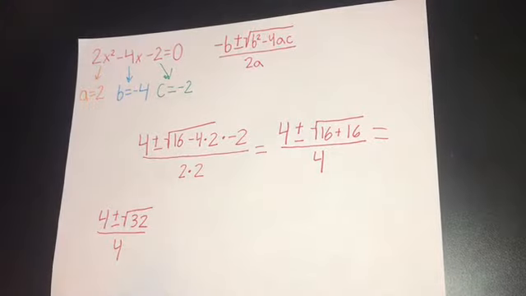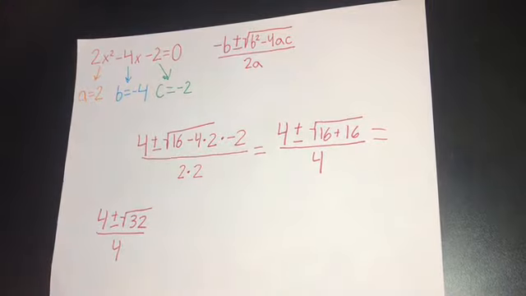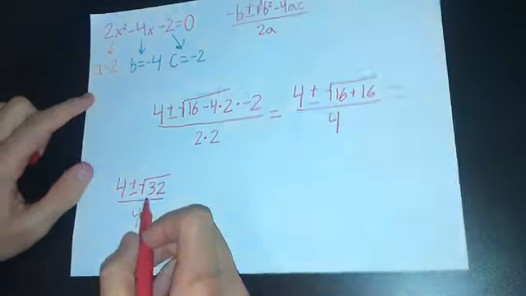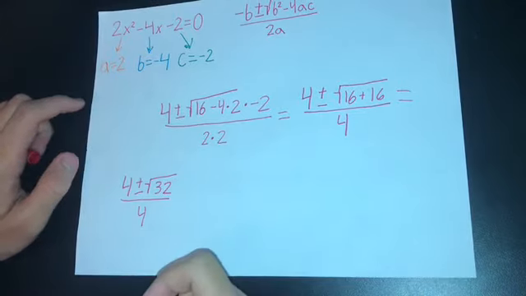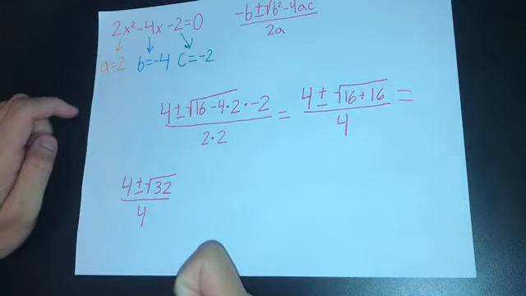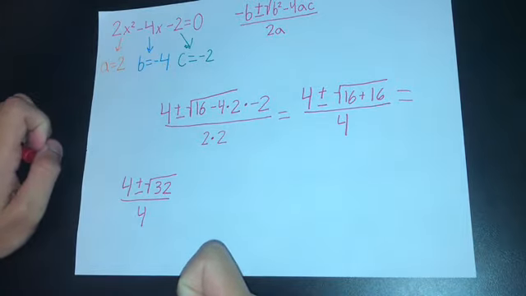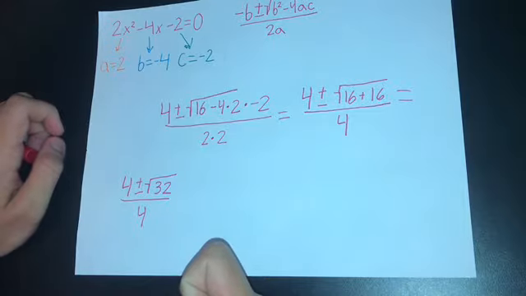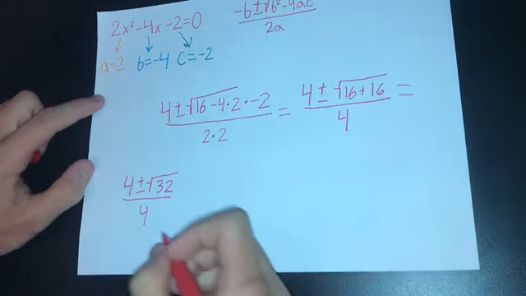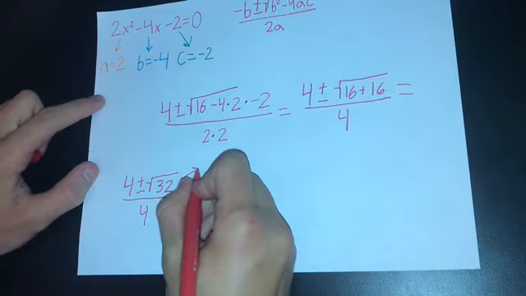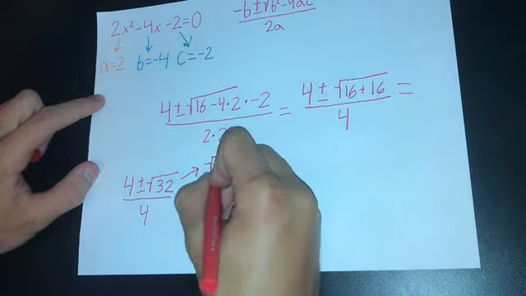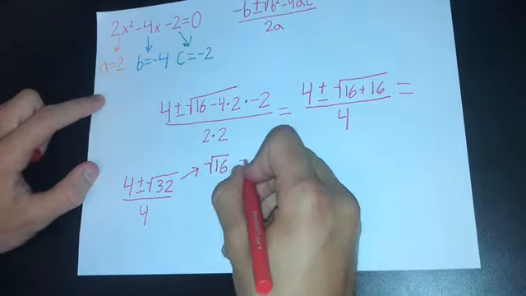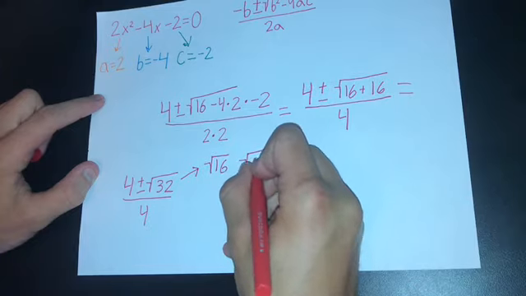Alright, now that we've done that, we can go even farther with simplification with the radicand. We know that 32 doesn't have a square root, but we do know that 2 times 16 equals 32, and 16 does have a square root, so we're going to use that to our advantage and bring it out here. So the square root of 16, and then the square root of 2.